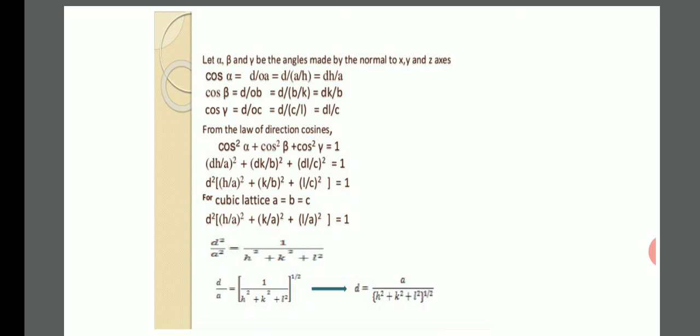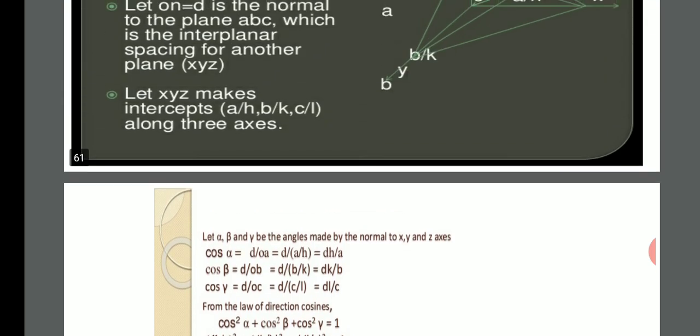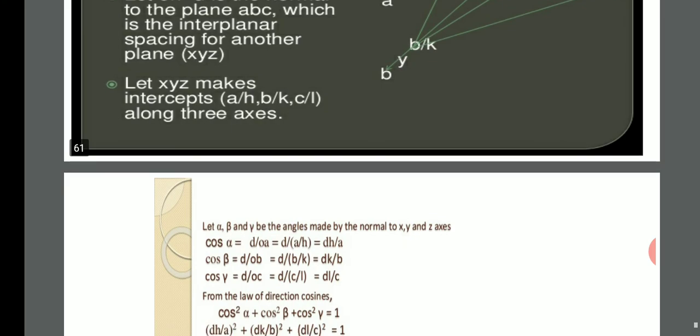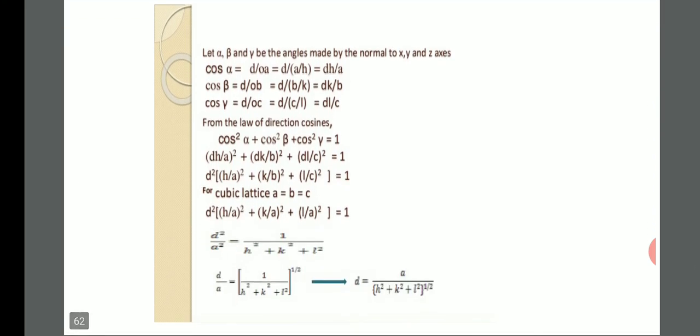So cos alpha equals d by OA, that is d by (a by h), which means dh by a. Similarly, cos beta equals dk by b, and cos gamma equals dl by c. From the law of directional cosines, cos square alpha plus cos square beta plus cos square gamma equals 1.